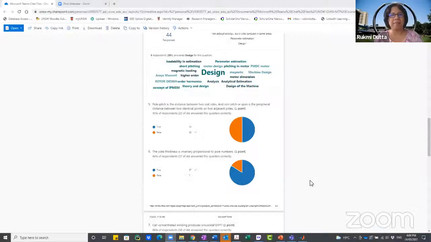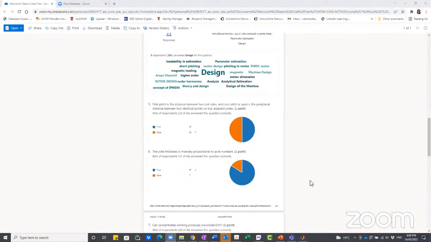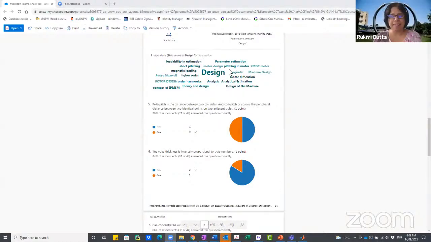As usual, in the last couple of days, we always start by looking at the quiz. So we'll do the same today, looking at yesterday's quiz. The one item that has been identified as difficult is design. Obviously, the design of the machine, especially for those who have been introduced to it for the first time, could be a difficult concept.